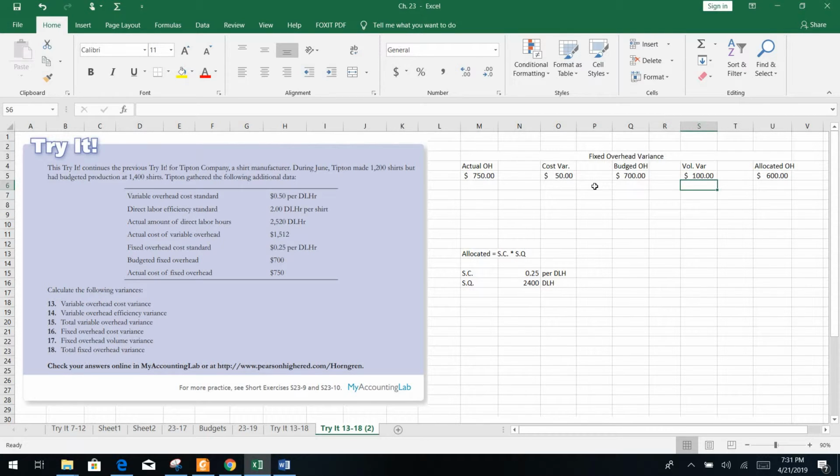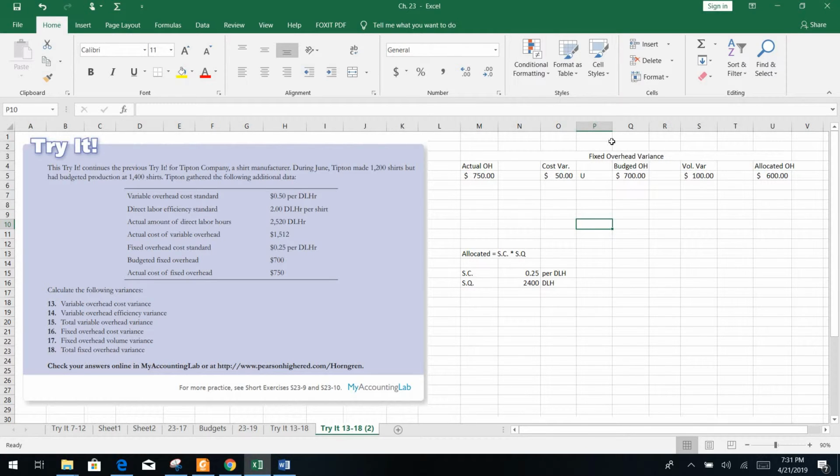He gave us two ways to do that, and I'll just tell you the way I think about it. The easiest ones to determine, in my opinion, are these two. If your actual is higher than your budgeted, obviously that's unfavorable. So actual is more than budgeted, that's not good. So that's unfavorable. Now once you have that figured out, you can, by the process of elimination, figure this out.